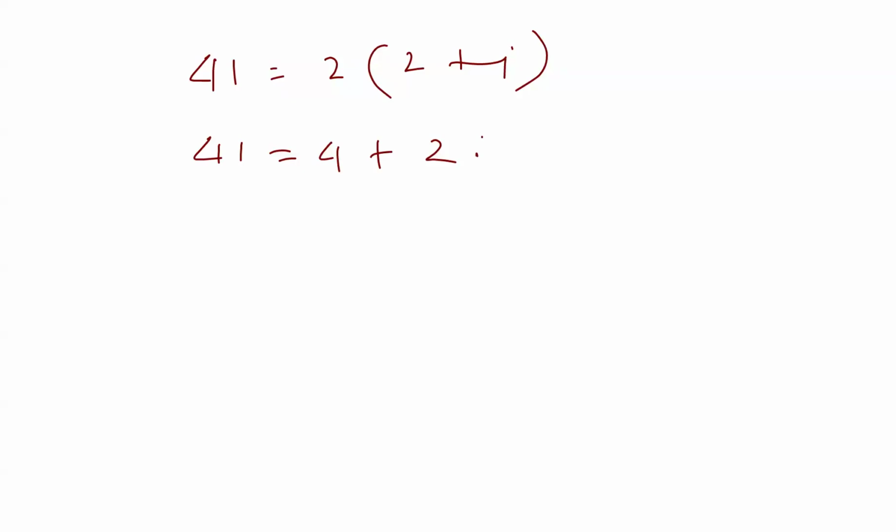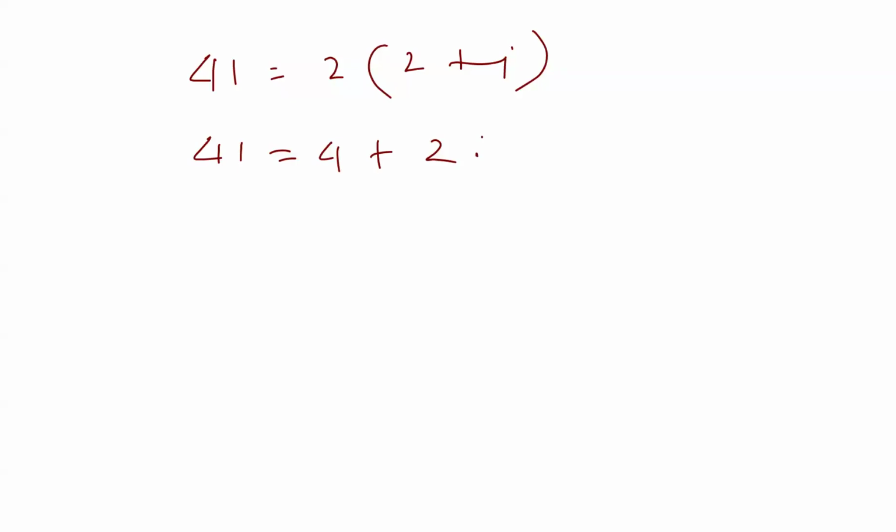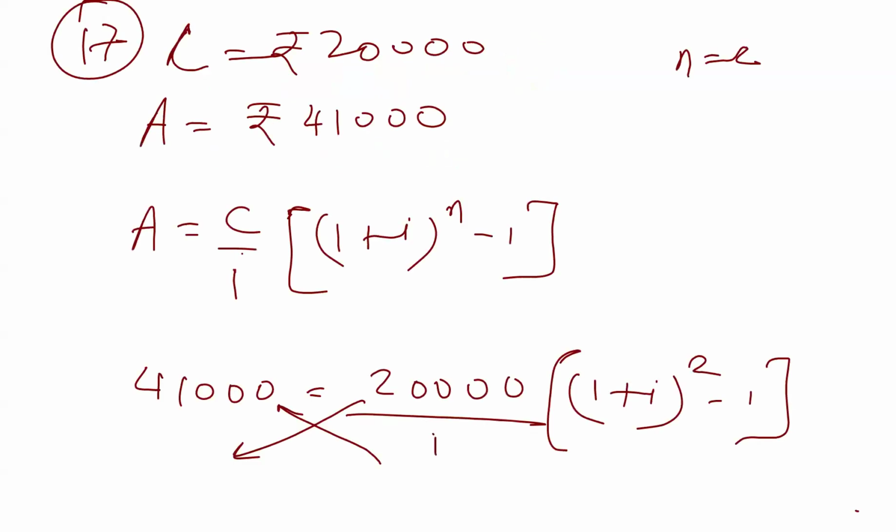Just let me go back and check whether some error has occurred. 41,000 upon 20,000.